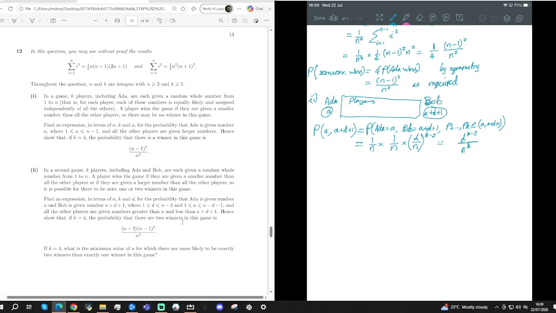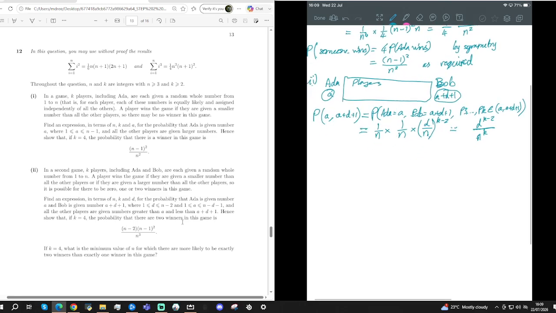So let's do like we did before. Let's have the probability, and now we need to be a bit more careful, because now we can have Ada being a small winner, Bob being a big winner, or the other way around, Bob being the small winner, Ada being the big winner. So I'm going to stick it this way round. So Ada, small win, Bob, big win.